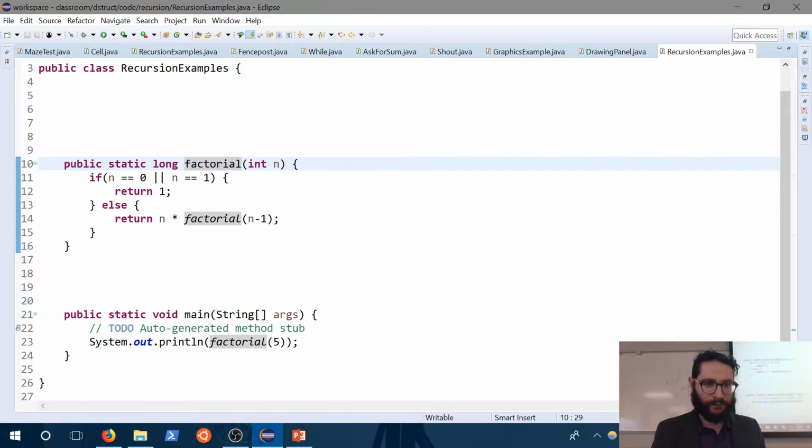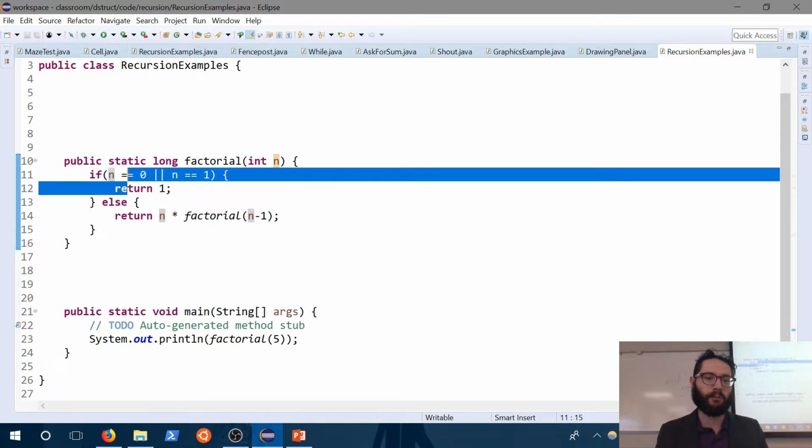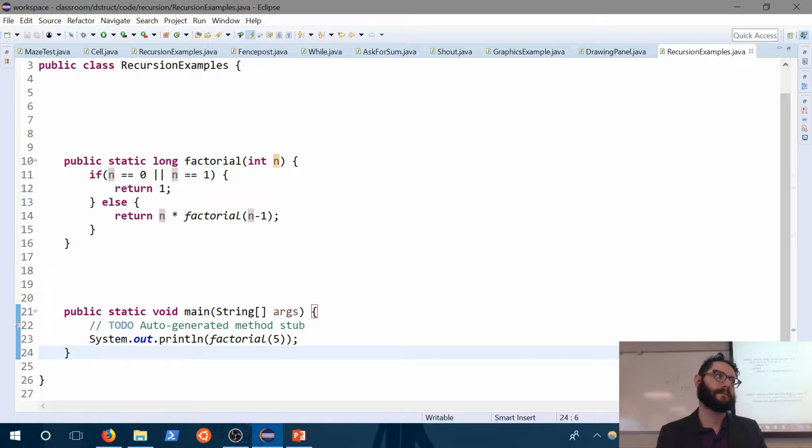We pass in 5. It calls 5 times 4 factorial, which returns 4 times 3 factorial, and that 3 factorial returns 3 times 2 factorial, and 2 factorial returns 2 times 1 factorial, and 1 factorial returns 1, which means that the 2 factorial returns 2, which means the 3 factorial returns 6, which means the 4 factorial returns 24, which means the 5 factorial returns a grand total of 120.